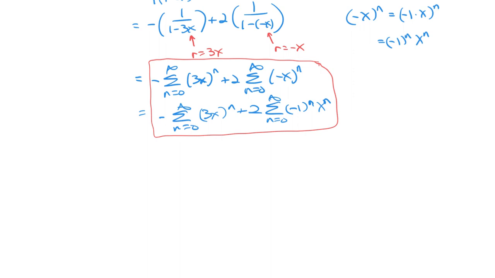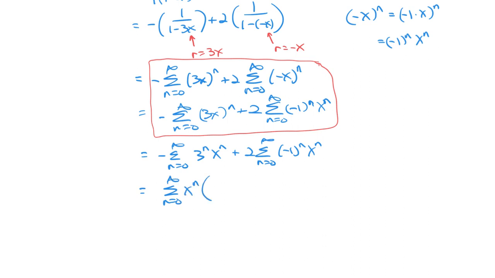Okay, so when you look in the back of the book, you may see something like this. What they're going to do is write 3x to the n as 3 to the n x to the n. So they're going to break this up into pieces like this. They just did one little tweak here, they just expanded this. But then they will factor out the series, the sum from n equals 0 to infinity of x to the n, right? And then whatever's left they'll put in here.